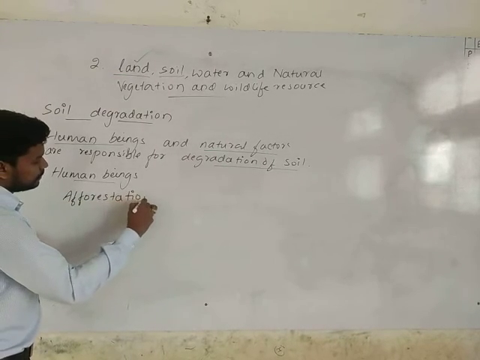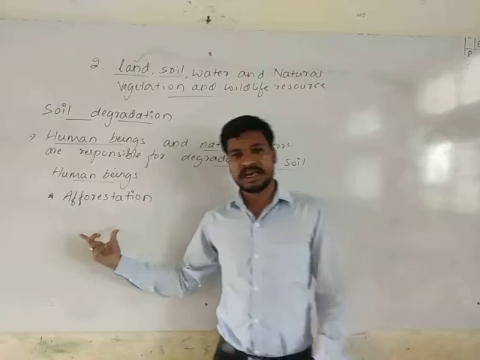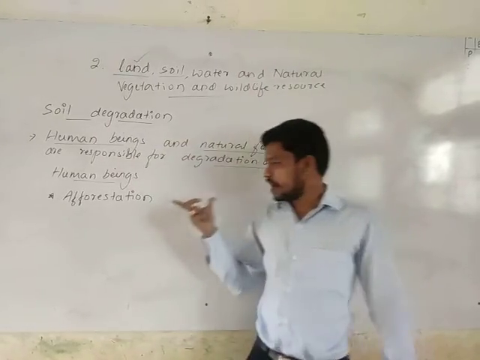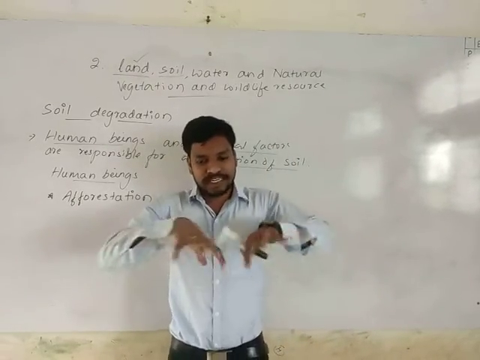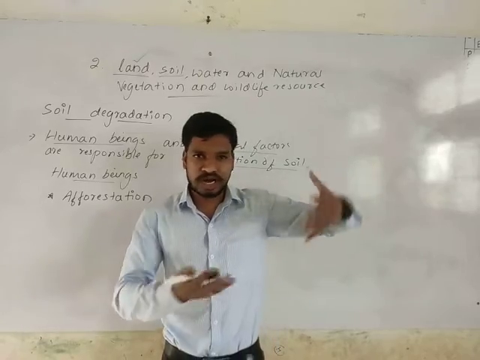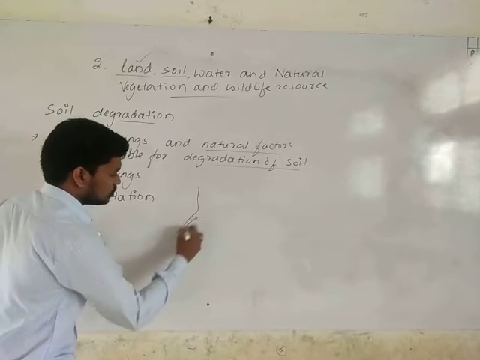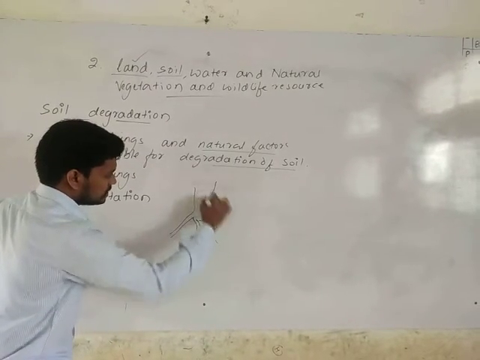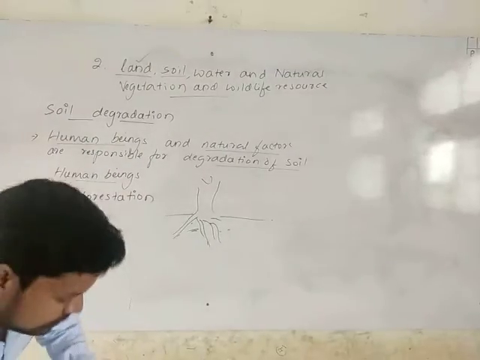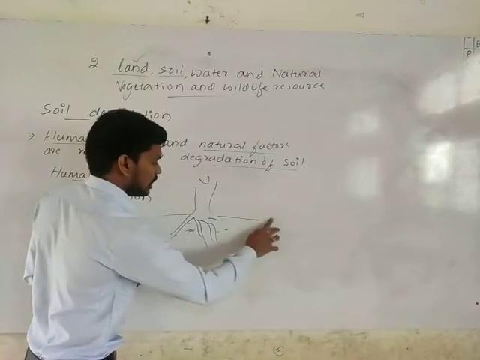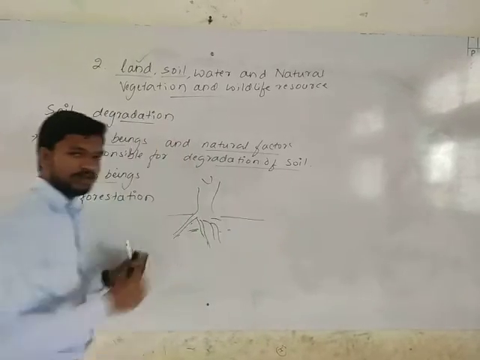Deforestation has continued from the ancient period, and it's the main reason for degradation of soil. How does deforestation affect it? The roots of a tree hold the soil there and don't allow it to erode or go along with the runoff water.